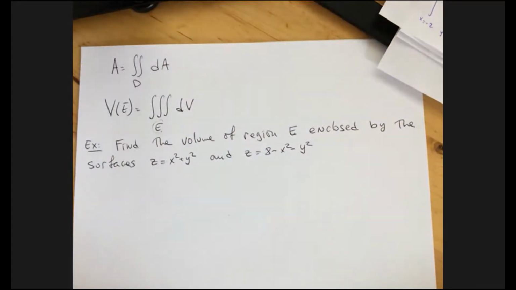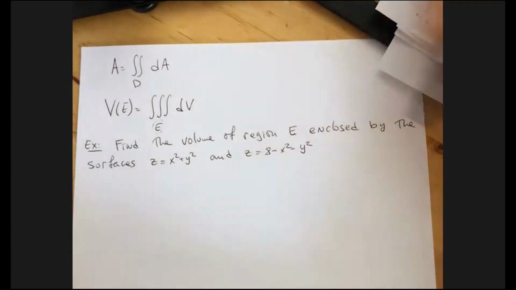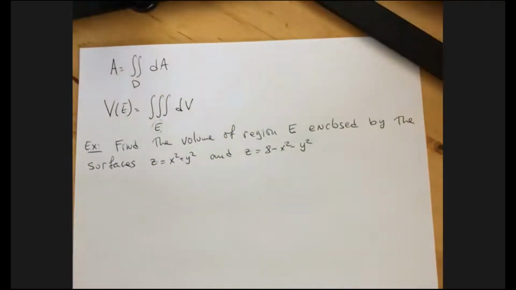Here you should be able to recognize these two surfaces, right? This is just going to be the intersection of two paraboloids.